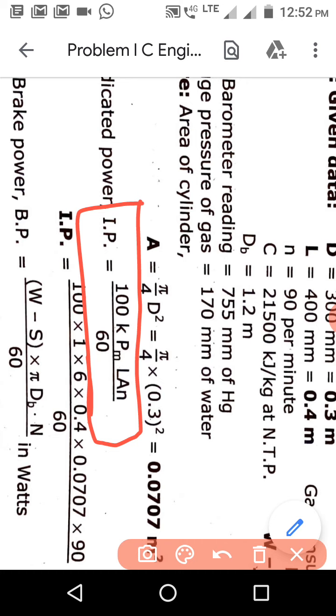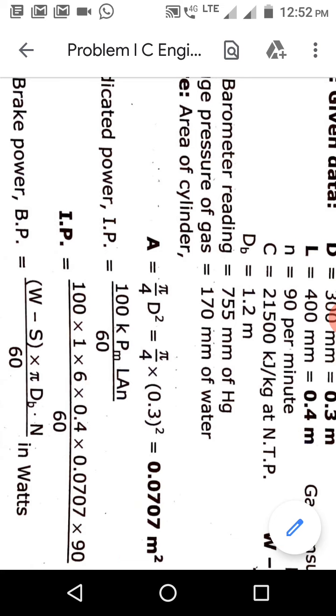Here K is equal to 1, mean effective pressure is 6 bar, stroke length is 0.4 meter, area of the cylinder we have calculated, that is 0.0707 meter square, and N is given as 90 per minute.